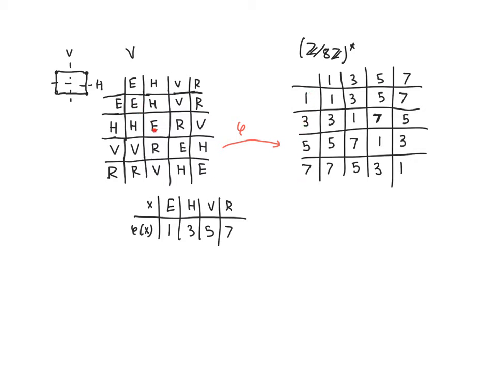Moreover, all the E's got replaced with 1s. These two H's and these two H's both get replaced with 3s. These two V's and these two V's both get replaced with 5s. And finally, the anti-diagonal of R's becomes an anti-diagonal of 7s.